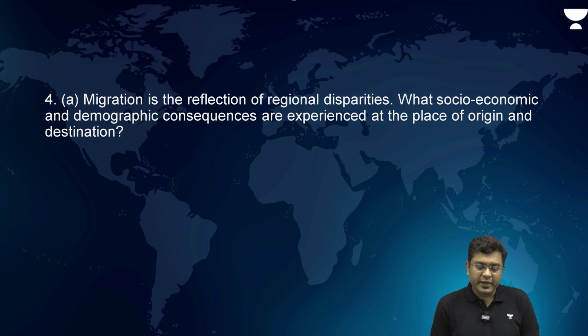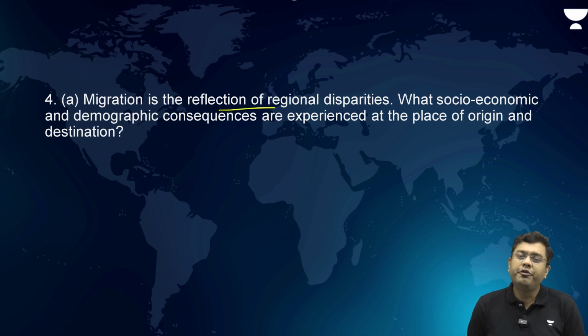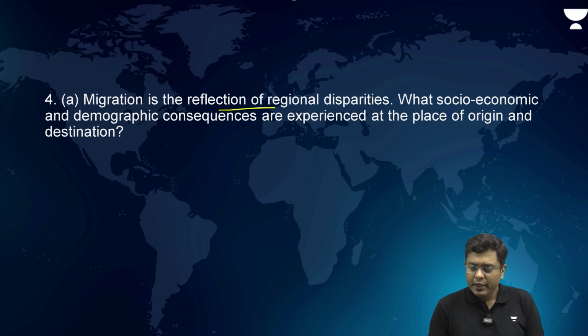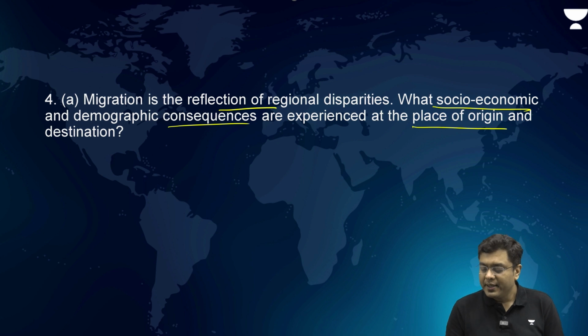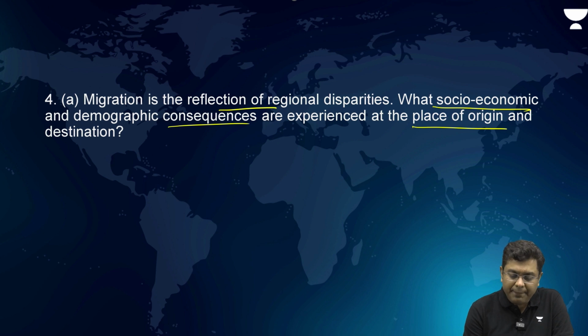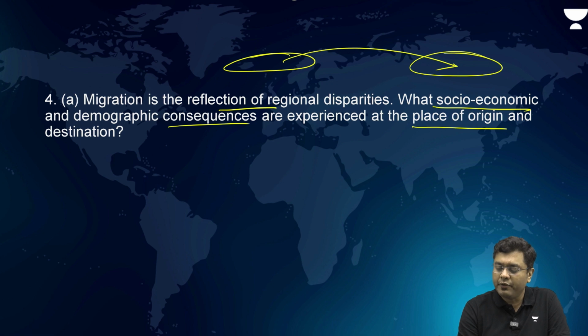Migration, another question associated with that, is the reflection of regional disparities, right? What socio-economic and demographic consequences are experienced at the place of origin and the place of destination? Whenever migration happens from a place of origin to a place of destination, here you will have certain push factors which are present, and here you have certain pull factors, right.